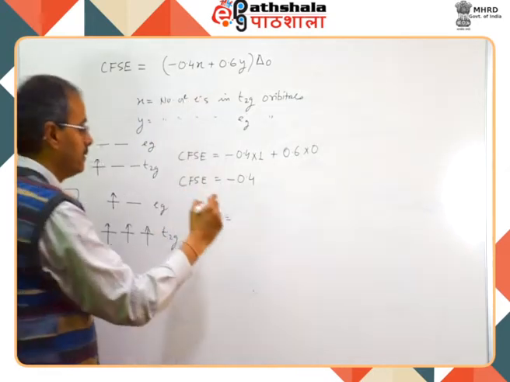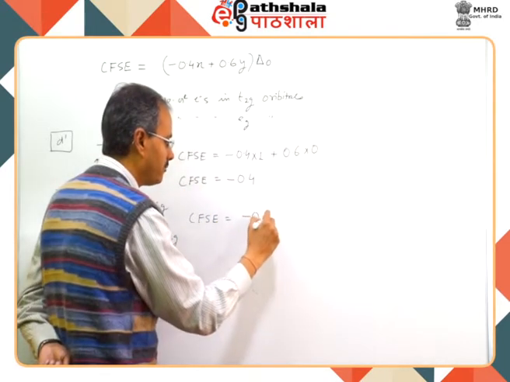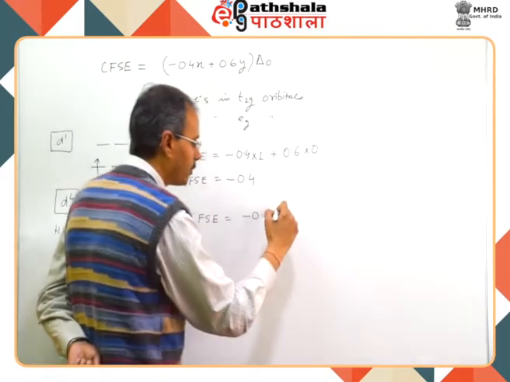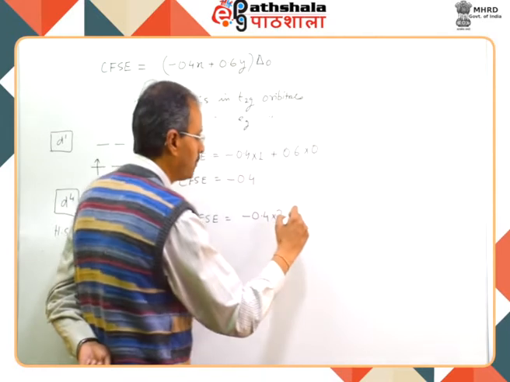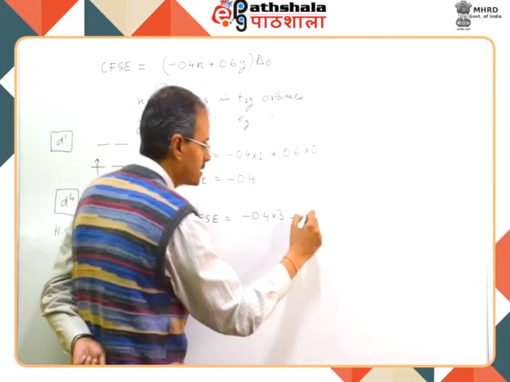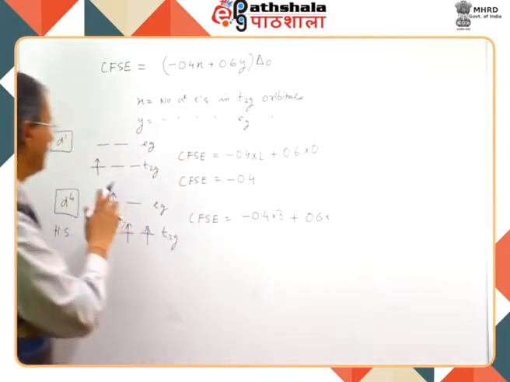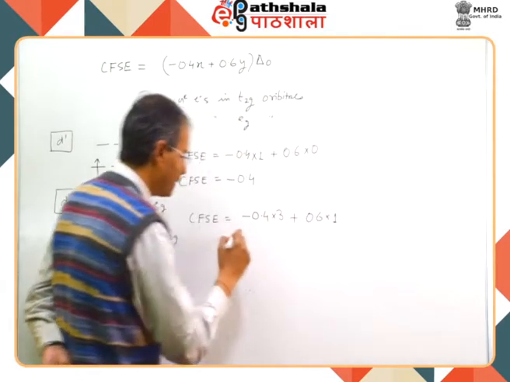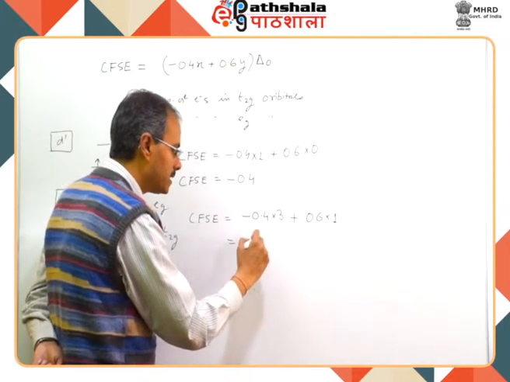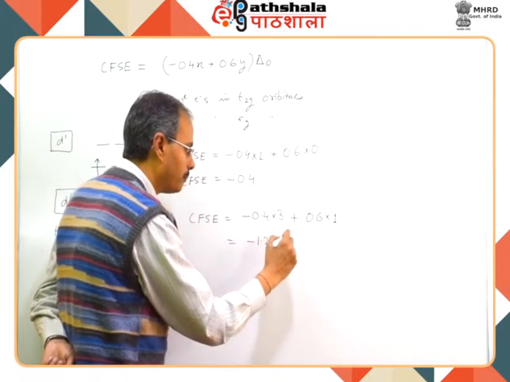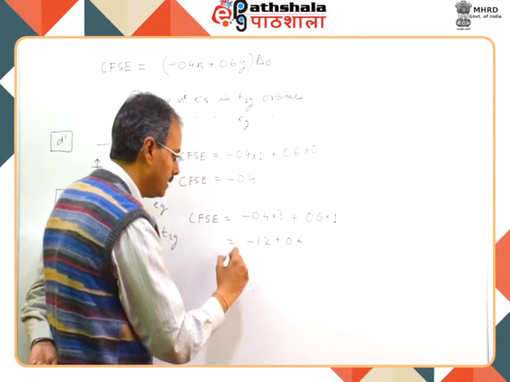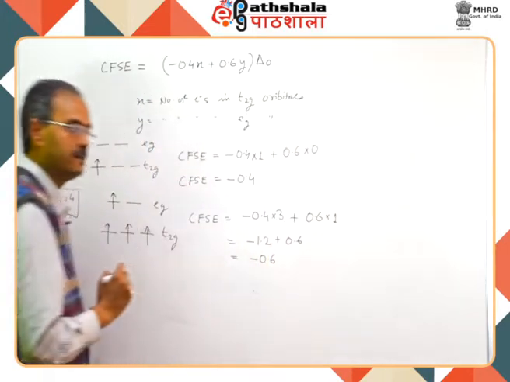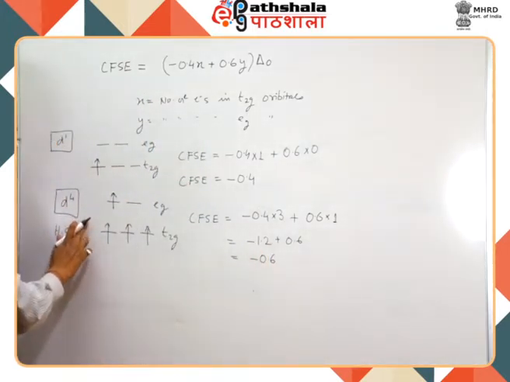CFSE is going to be minus 0.4, then we have 3 electrons in the T2G set of orbitals, so multiplied by 3, plus 0.6 multiplied by 1 electron which goes to the EG set of orbitals. This will be minus 1.2 plus 0.6. Effectively it is going to be minus 0.6 for the D4 electronic configuration.